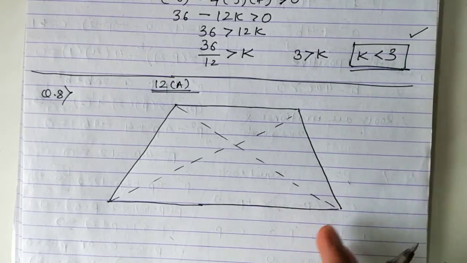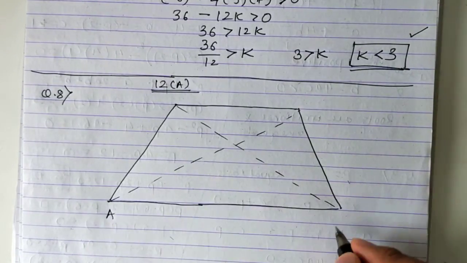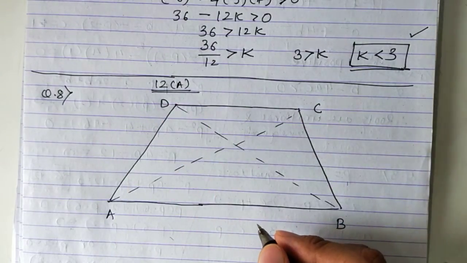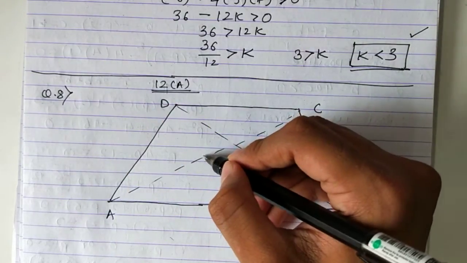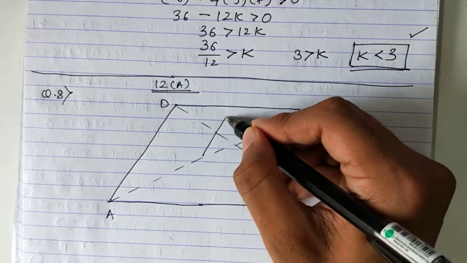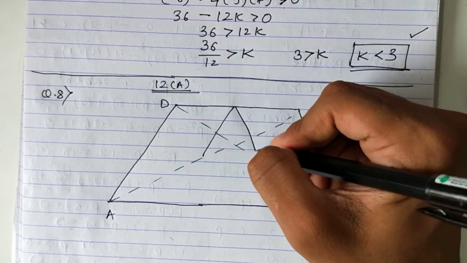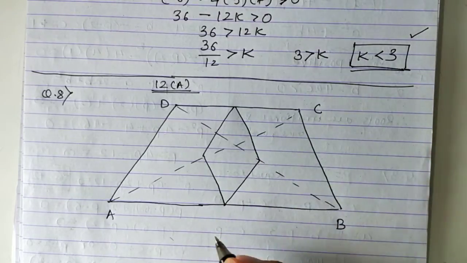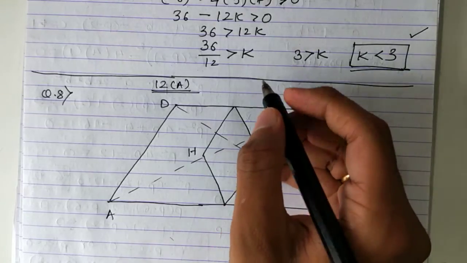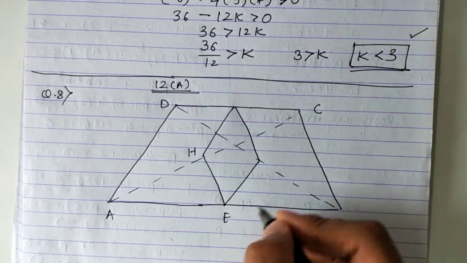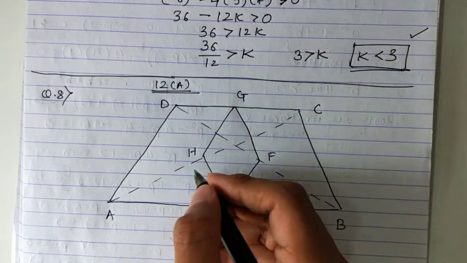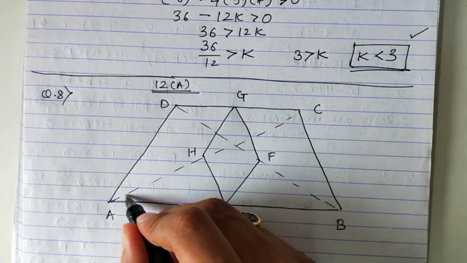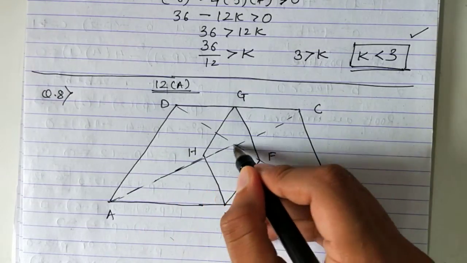See, they have given that ABCD is a quadrilateral, and we have to prove that this figure EFGH is a rhombus.